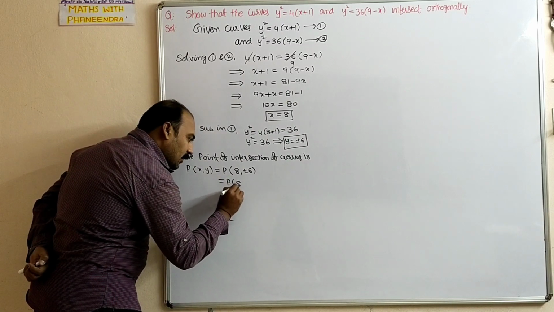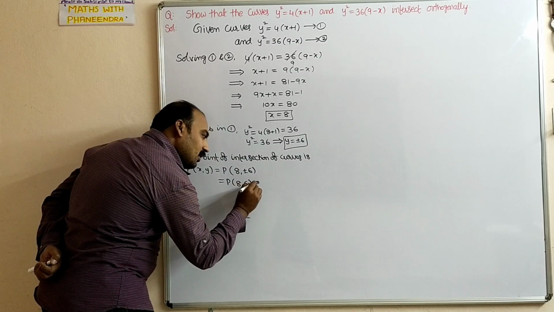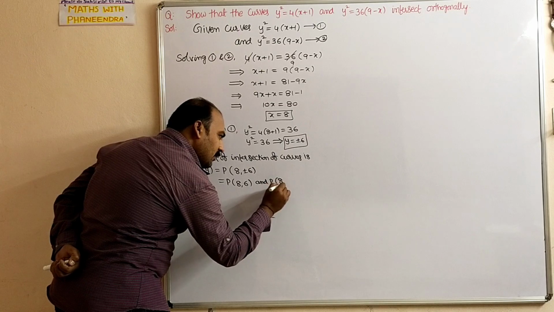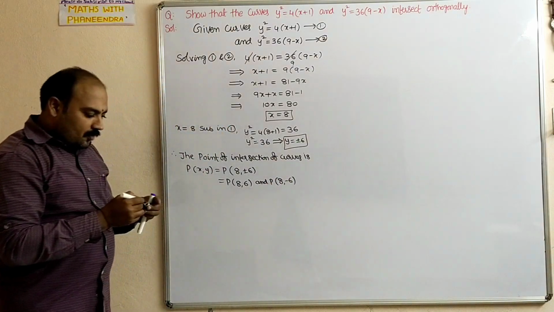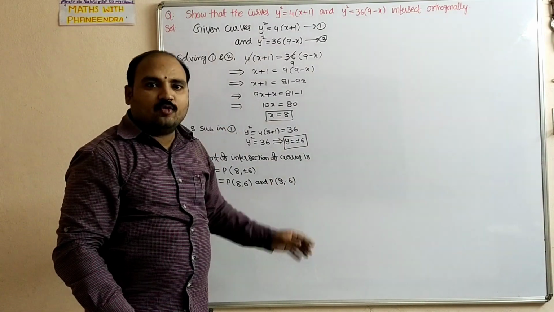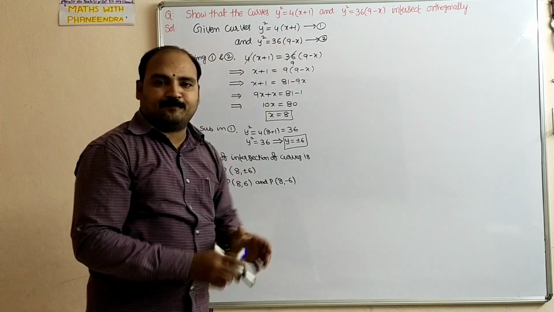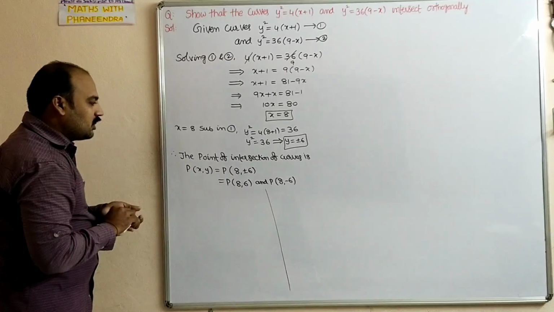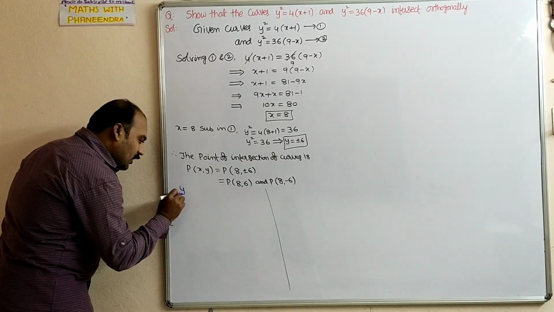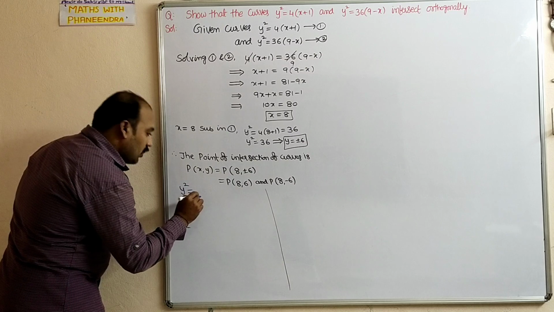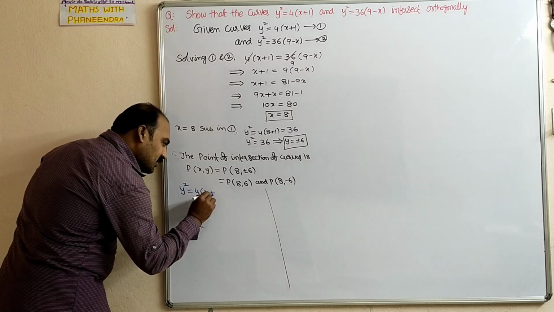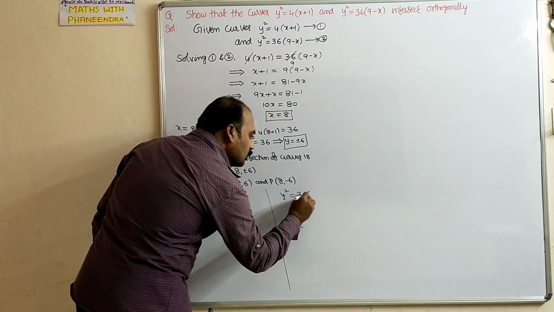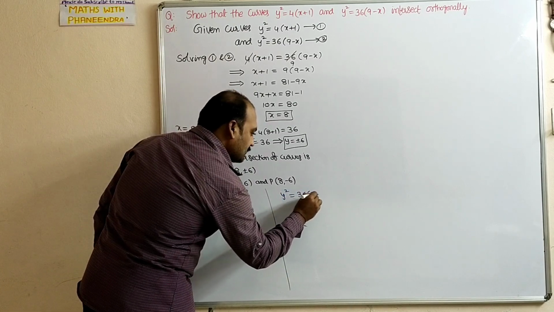One is (8, 6) and you can take P(8, minus 6). After getting the point of intersection, we need to calculate their slopes. So here, what are the two curves? y square equal to 4 into (x plus 1), this is the first curve, and y square equal to 36 into (9 minus x).